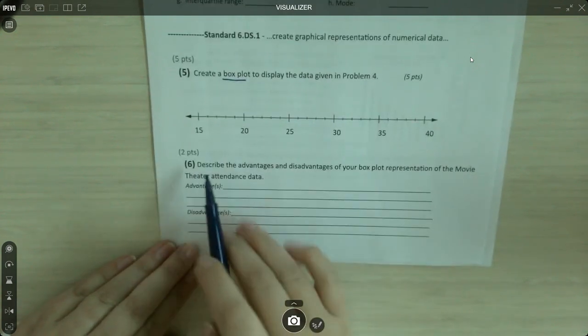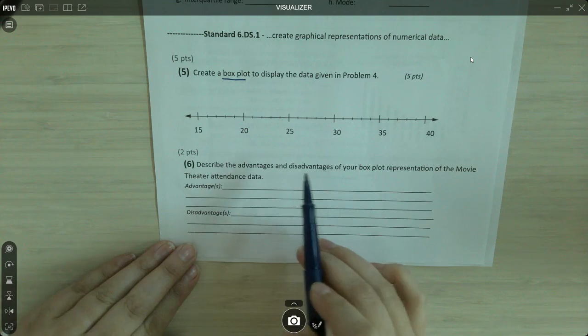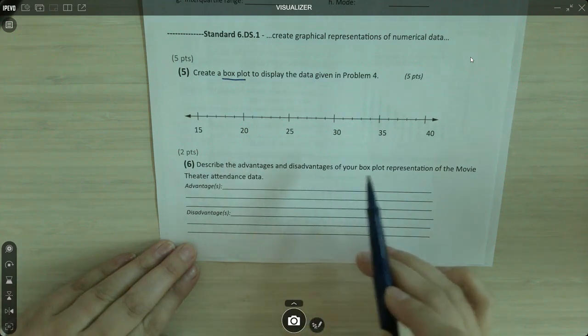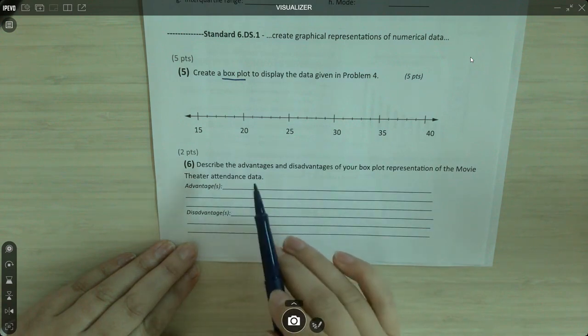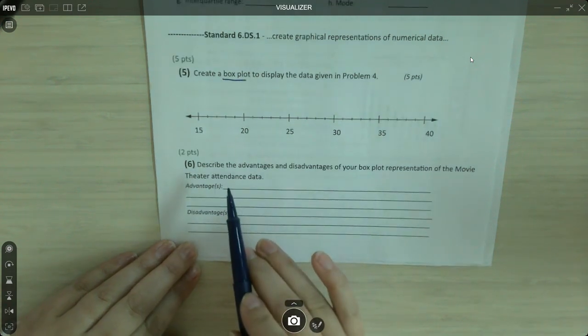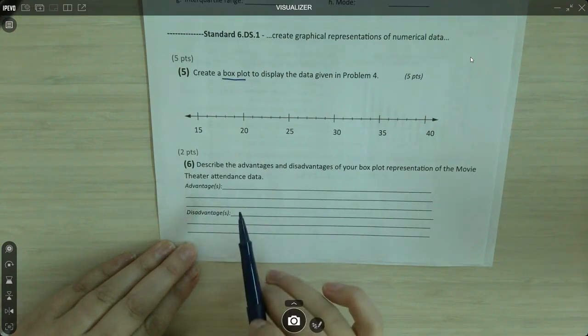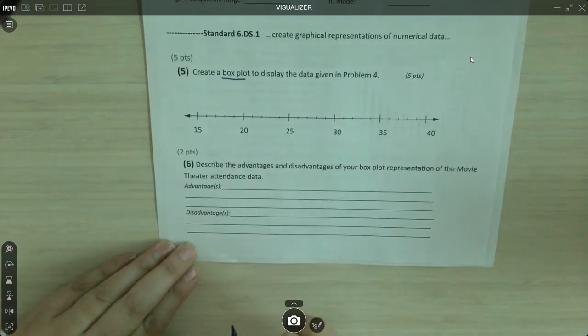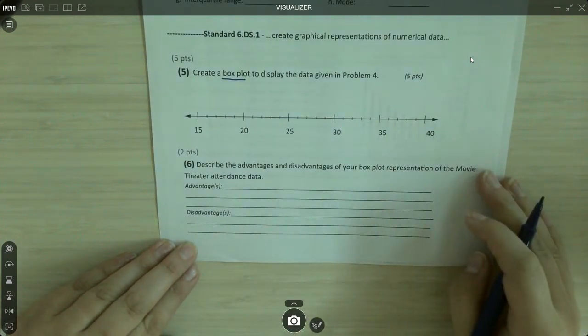And then question 6 wants you to describe the advantages and disadvantages of your box plot representation of the movie theater attendance data. So you're going to write one sentence for the advantage and one for the disadvantage. So go ahead and pause your video so that you can answer that question.